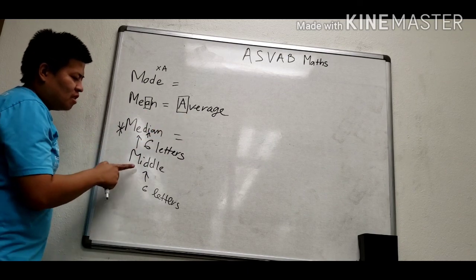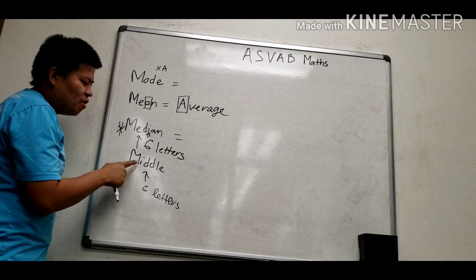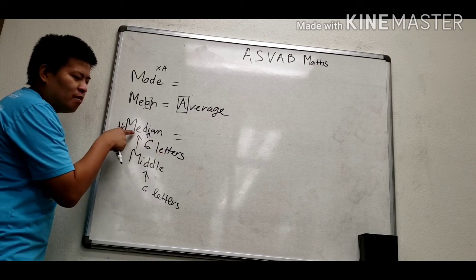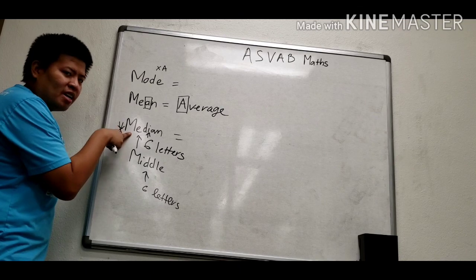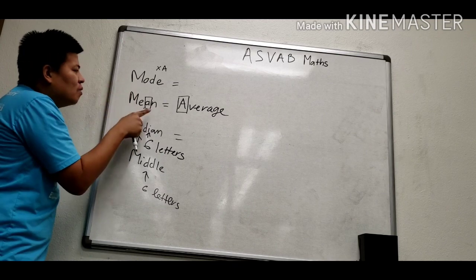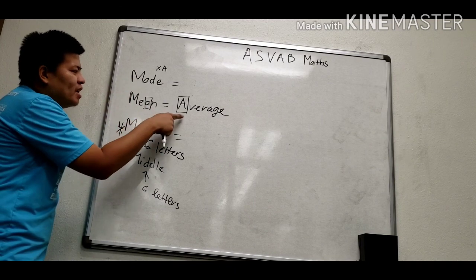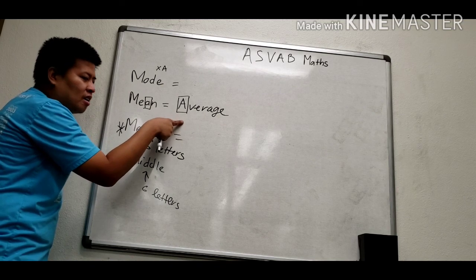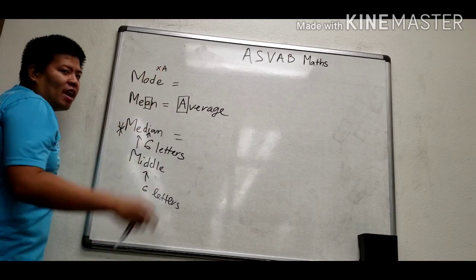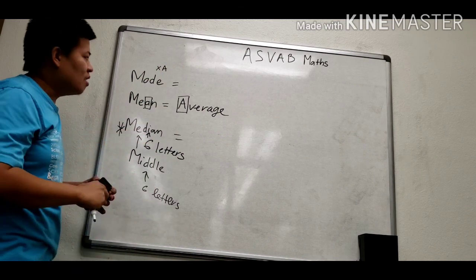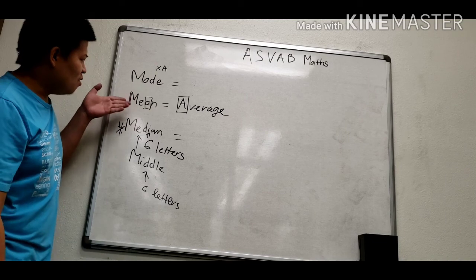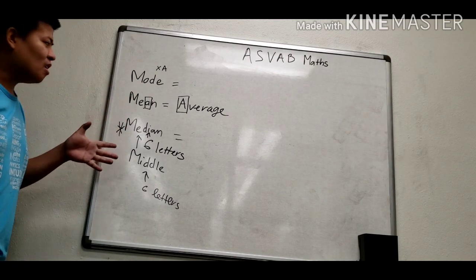If we know the median has 6 letters on each side of the middle, then median is the middle number. If we don't know between mean and mode, the letter A in mean tells us it is the average, but mode has no letter A, so that's the left one. That's the final thing you can learn if you don't know the terms. I just use this way to distinguish them if you forget the formula.